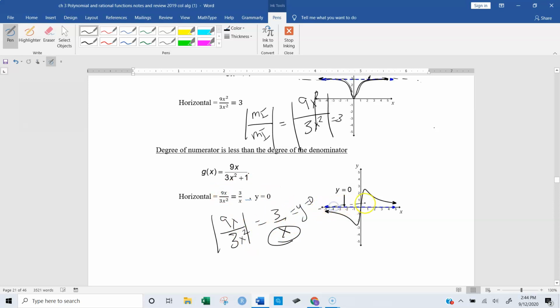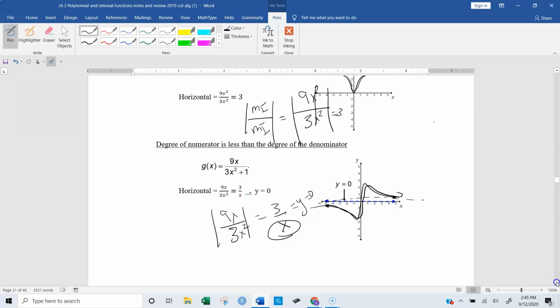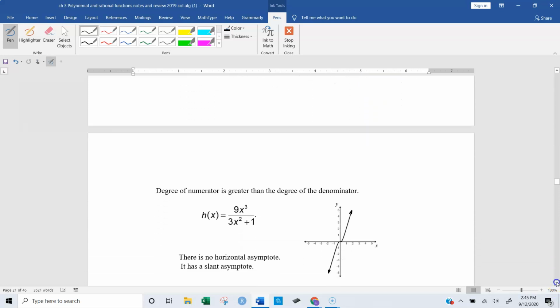So we go to 0 and we draw on our asymptote, and this is what this one looks like. It starts from negative infinity, dips down and crosses the asymptote, and then approaches again from the top. Quite fun graphs. You don't actually get to do those. Ours are a little bit easier than that, but I want you to be aware they existed.